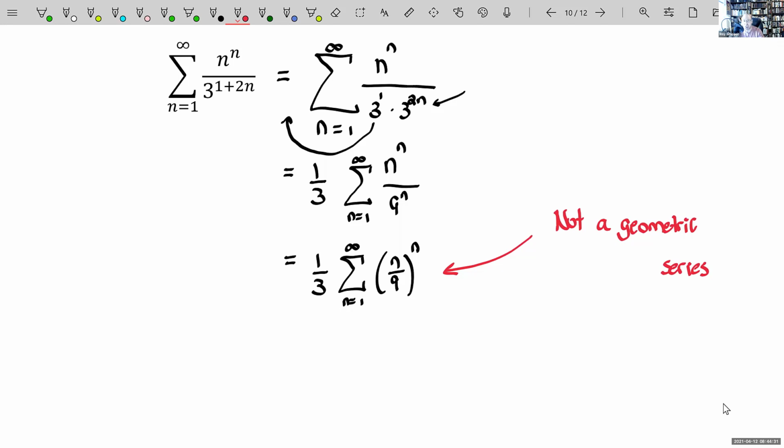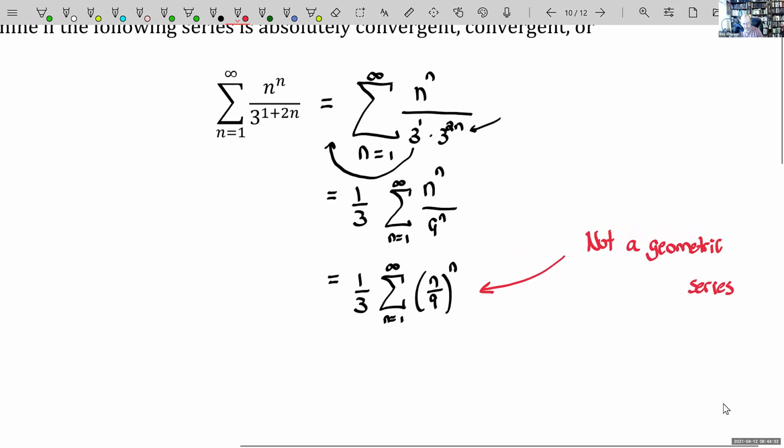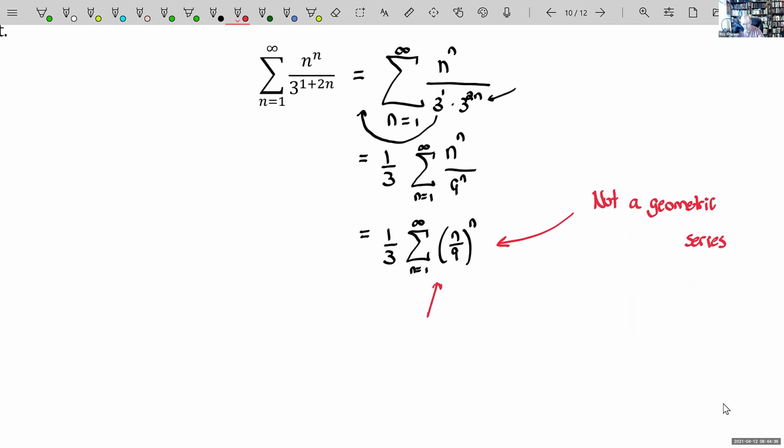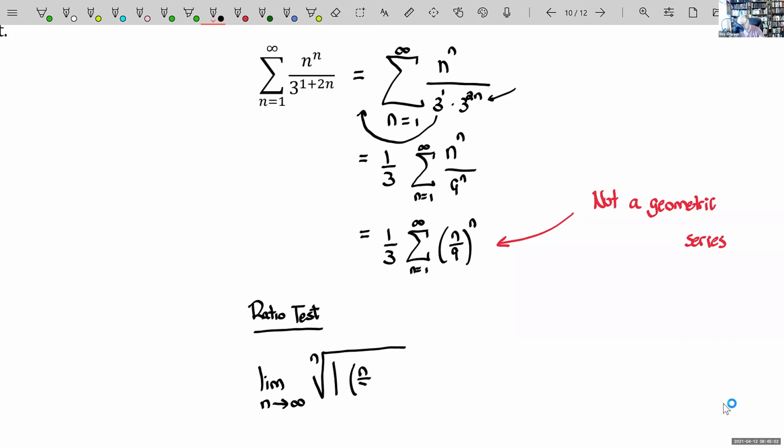However, I just learned a brand new test called the root test, which means that if I want to determine if that series converges or diverges, I could just take the nth root of its sequence. So let me go ahead and write root test. I'll take the limit as n goes to infinity of the nth root of the absolute value of the sequence, which is n over 9 to the nth power.